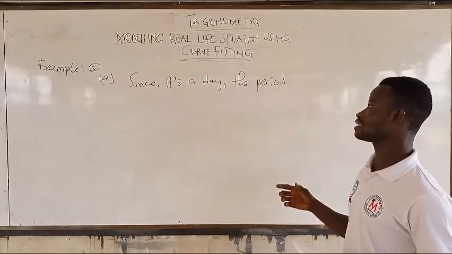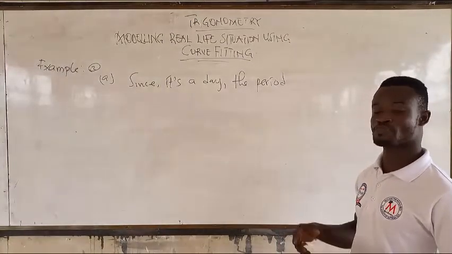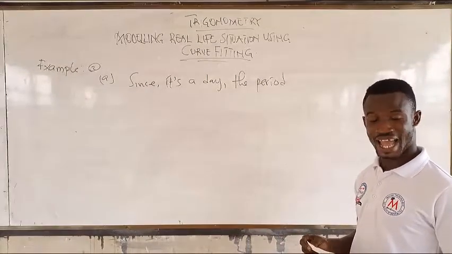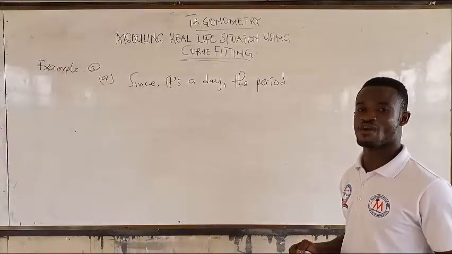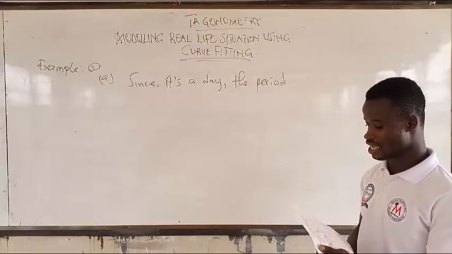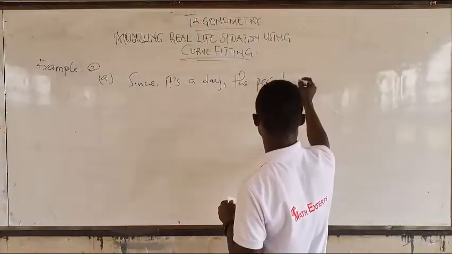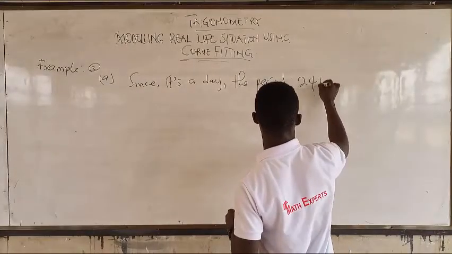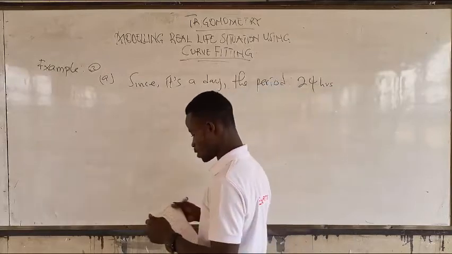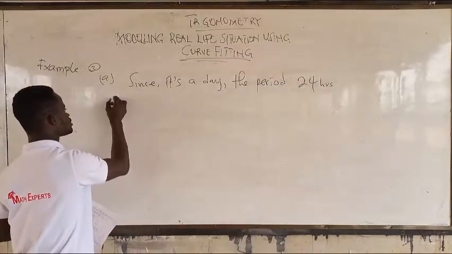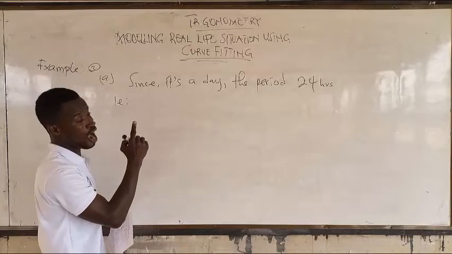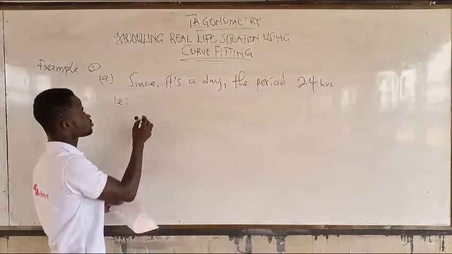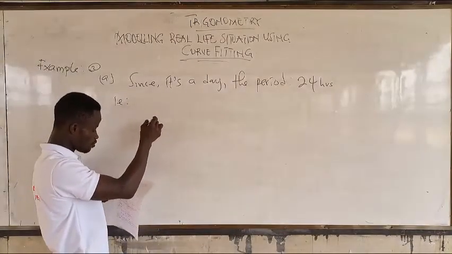And since it is a day, know that the period is going to be time. And how many hours do we have in a day? That is 24 hours. So this means that because we have 24 hours within a day.